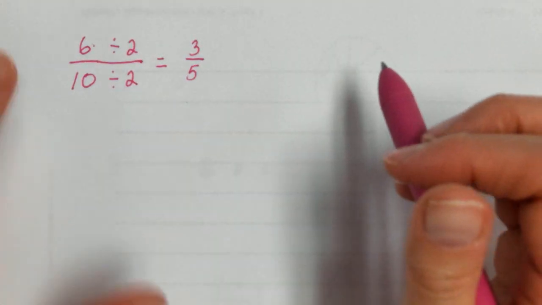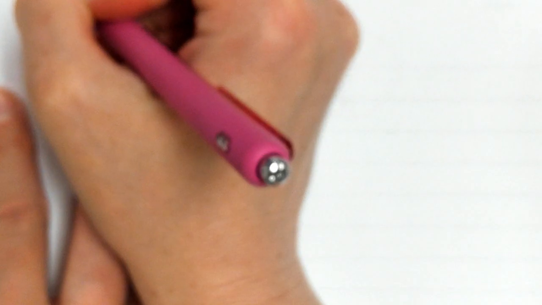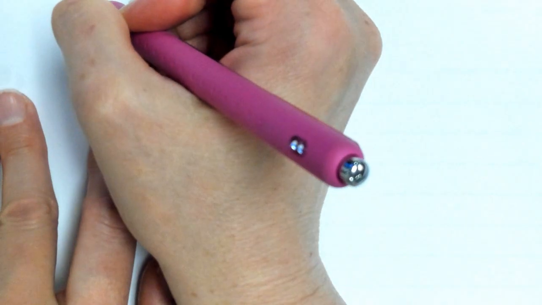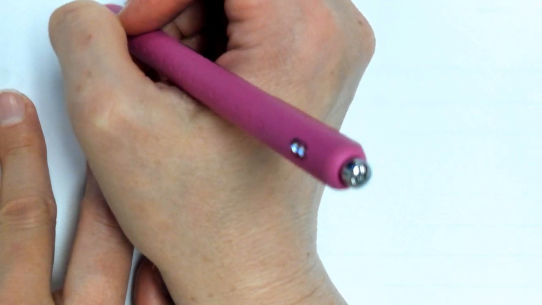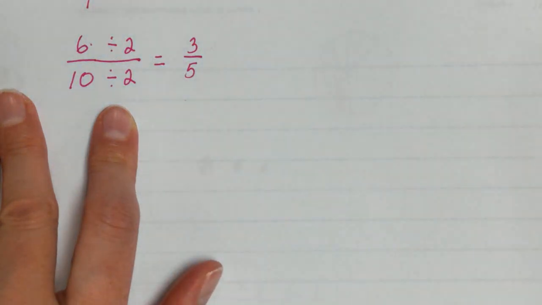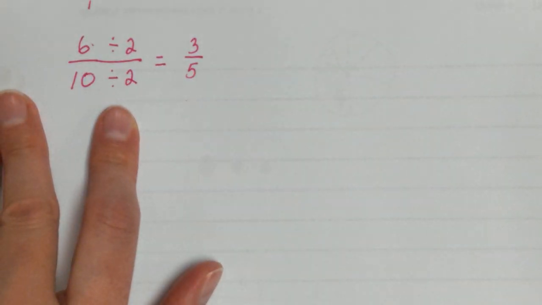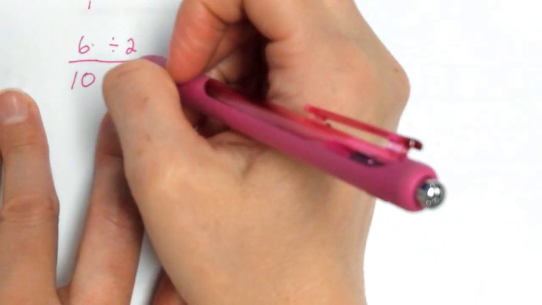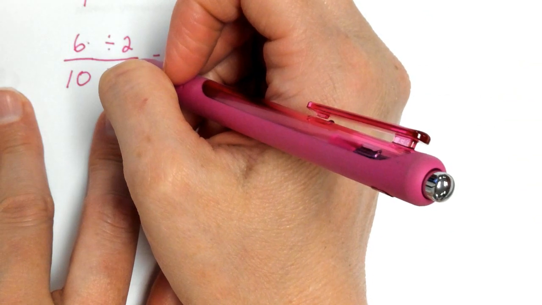The reason I chose 2 is because 2 is a factor of 6 and 2 is a factor of 10. When I'm going to divide, I want to divide by a factor, right? I want a number that divides evenly, so I don't have any remainders. And those are the factors.